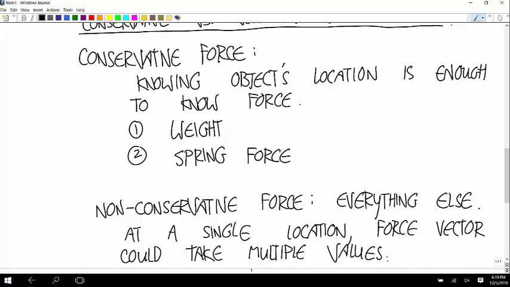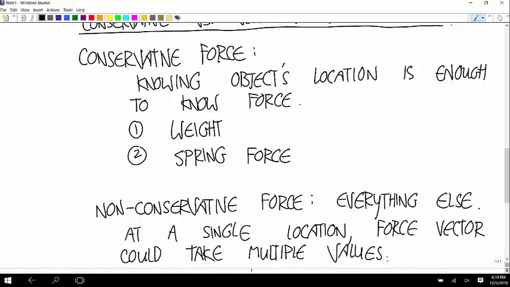Now I'm going to do it from the other side. If I slide it like this, the friction force is that way. And so at this location, in two different cases, the direction of the force is opposite. So it wasn't enough to specify this location to know what the force is.